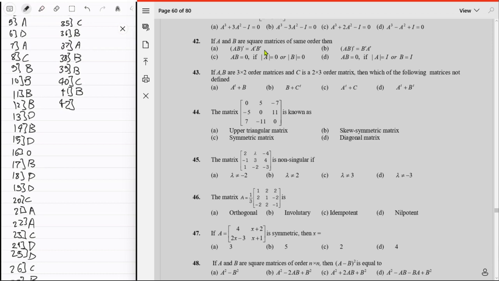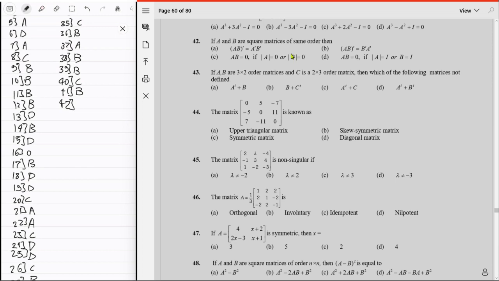It's getting weird. Okay, I think A is correct. What else do you have? (AB) transpose equal to B dash A dash. If this is transpose, then A is correct. Then: AB equal to 0 if determinant of A equal to 0 or determinant of B equal to 0. No, not necessarily.